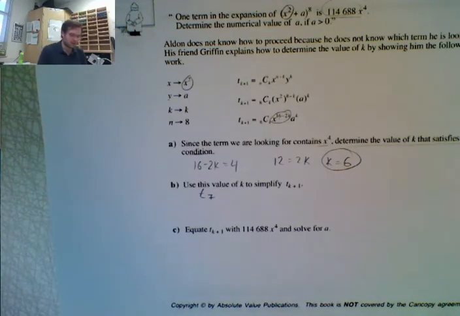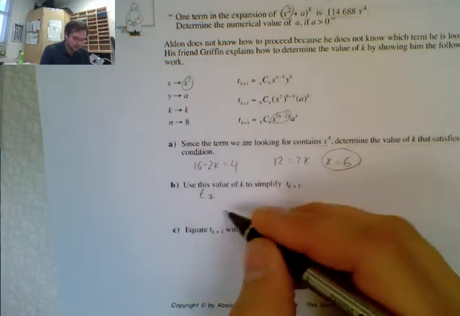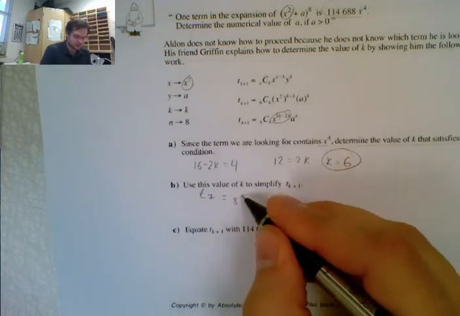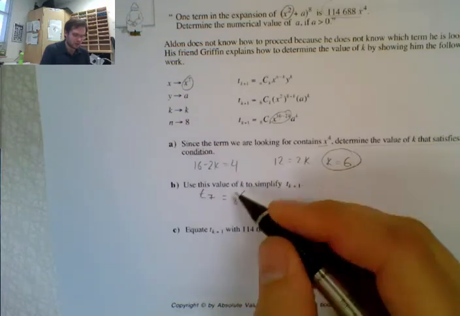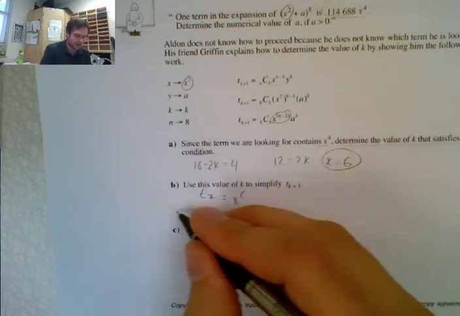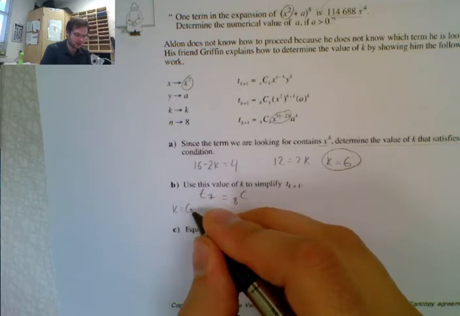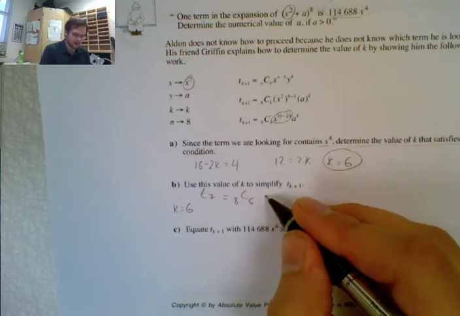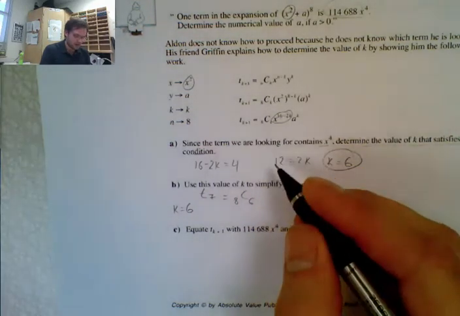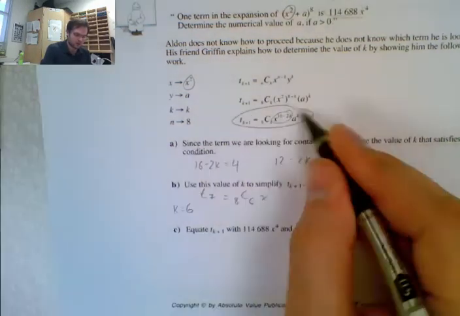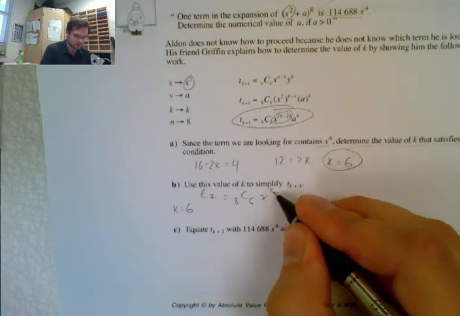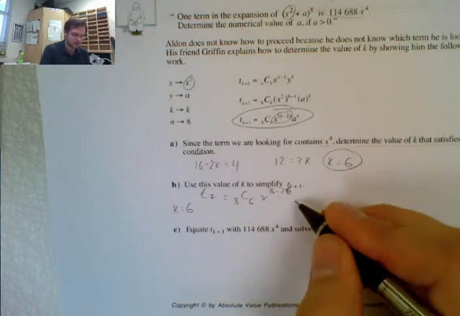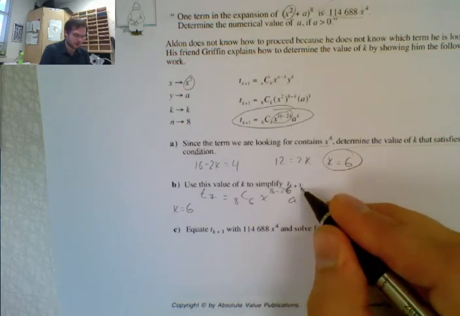So we're going to put this in. We have t7 is equal to 8 combination, and we go one less because my k value is now equal to 6, so it's 6. And we have x to the power of 16 minus 2k, and in that case it's 2 times 6, and then a to the 6.